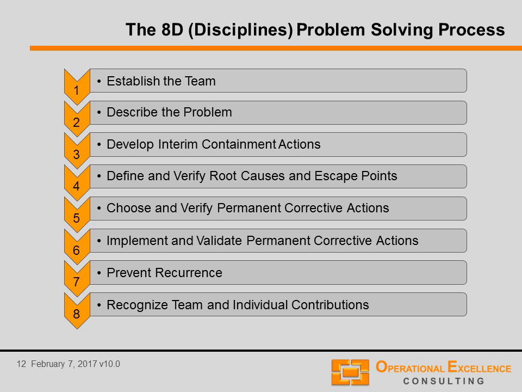Once we have defined and verified the root cause and the escape points, then we're going to think about choosing and verifying permanent corrective actions. That will be the fifth discipline. And then once we have chosen and verified the corrective actions, then we're going to implement them. And once we implement them, we want to make sure that we validate that they're really effective and efficient.